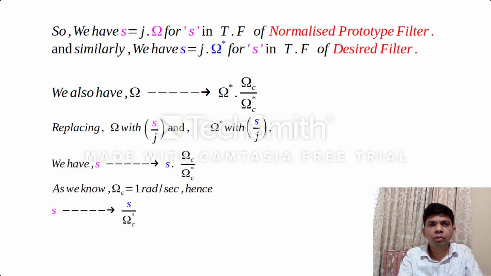We have pink colored s equal to the blue color s into omega c by omega c star. So the complex variable s in the transfer function of the normalized prototype filter, when replaced by s divided by omega c star, gives us the transfer function of the new or desired filter.